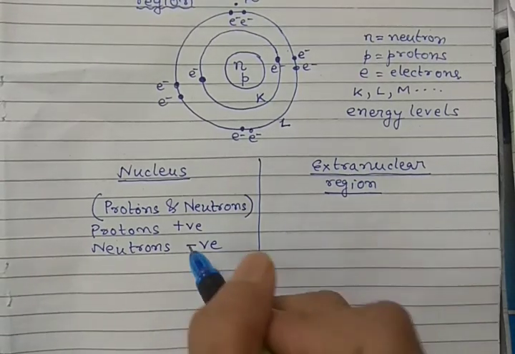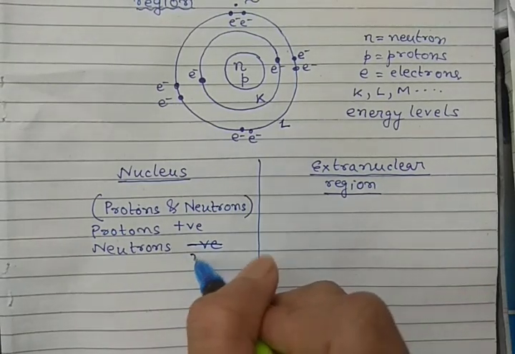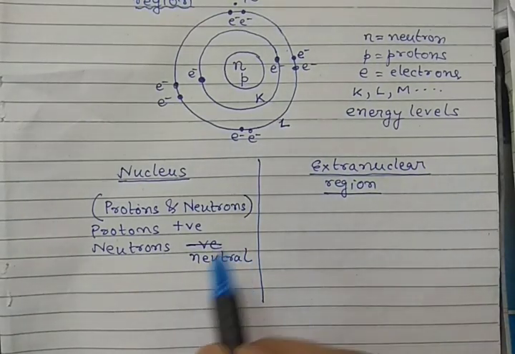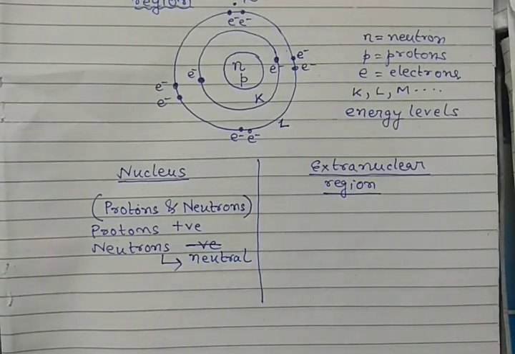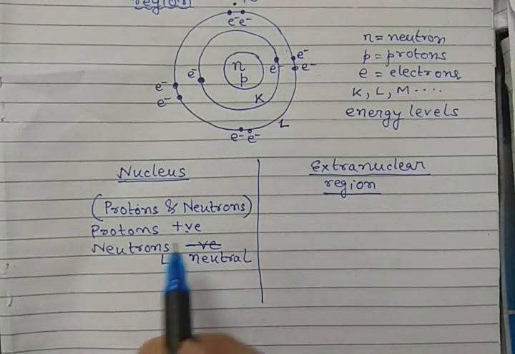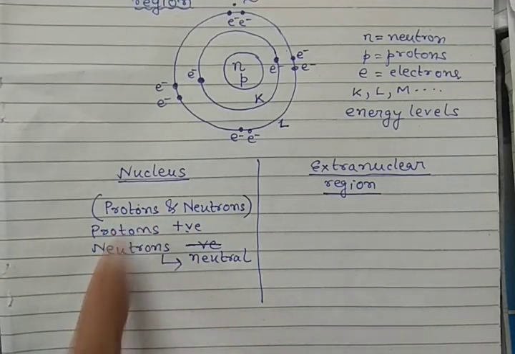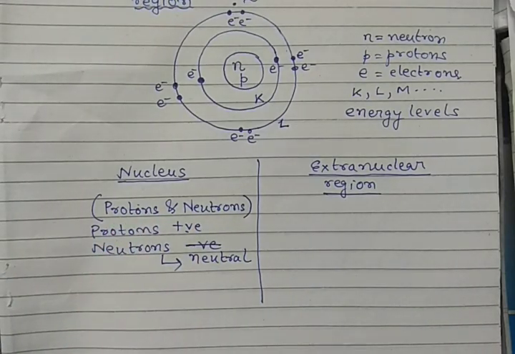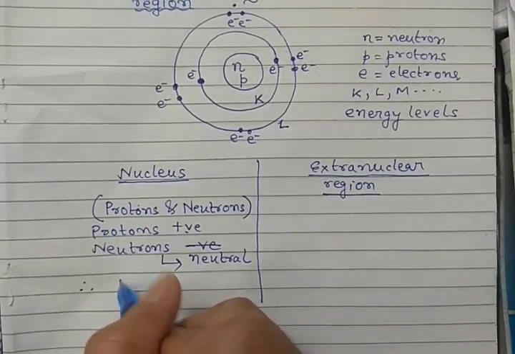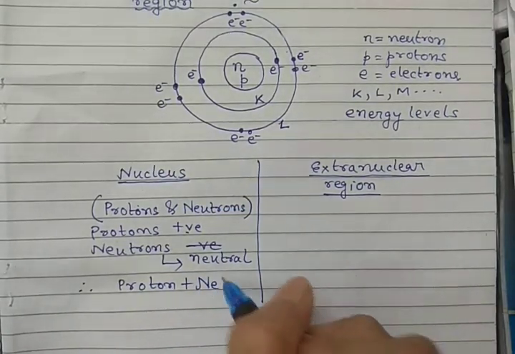Completely incorrect. Yesterday only I corrected you that neutrons are neutral. They do not carry any charge. Always remember this. Neutrons are neutral, protons are positive, electrons are negatively charged, okay? In the nucleus there are two particles, protons and neutrons, out of which proton is the only charged particle. Neutrons are neutral. Clear?